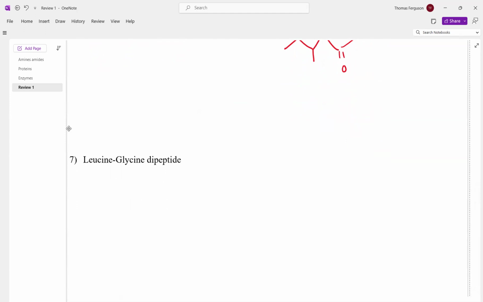So when you say dipeptide, you need to draw 2 structures because half the time it's going to be, well, no, excuse me, 1 structure, because it says leucine goes first, then glycine. But if you just took leucine and glycine in a test tube, you'd get 2 versions: one where the leucine's first, or the glycine's first.